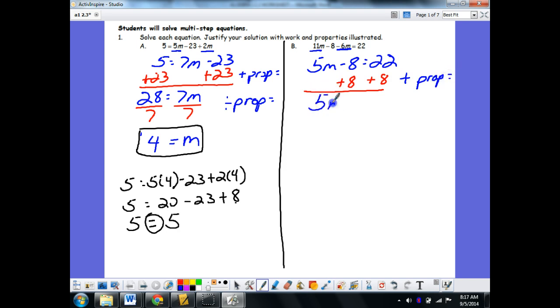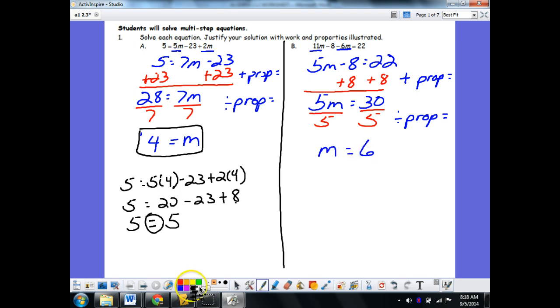So we're left with 5m is equal to 30. And to get the m by itself, now we divide by 5. And since we're dividing the same thing on both sides, that is the division property of equality. And our final solution, then m is equal to 6.